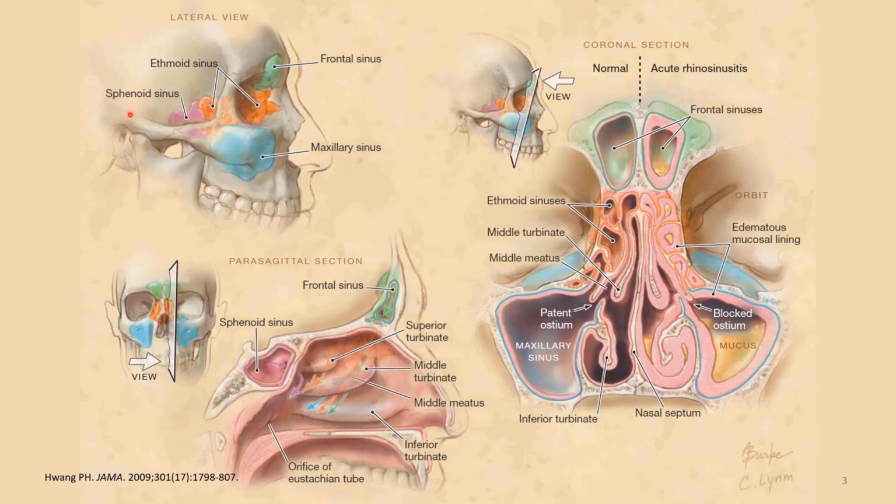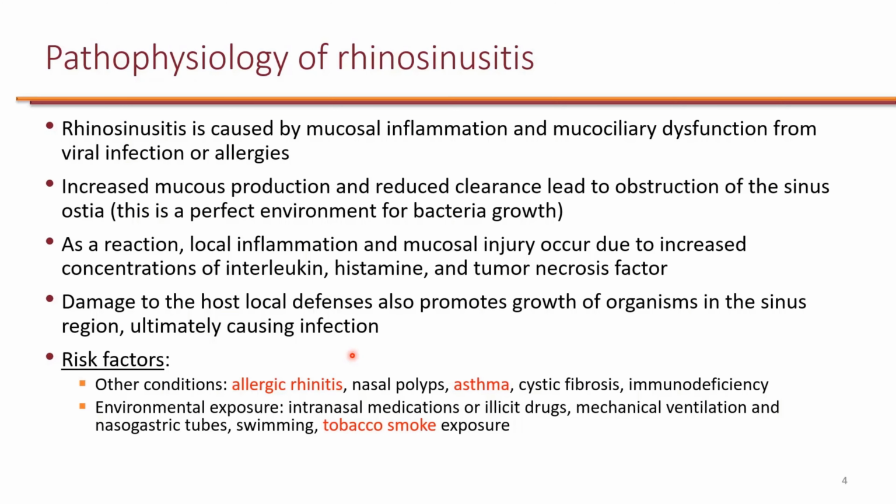Just like the rest of the respiratory tract, these sinuses are lined with ciliated secretory respiratory mucosa. They drain through narrow ostia, which are several millimeters in diameter, and are prone to obstruction when the mucosal lining swells in response to viral infections, for example, or environmental irritation.